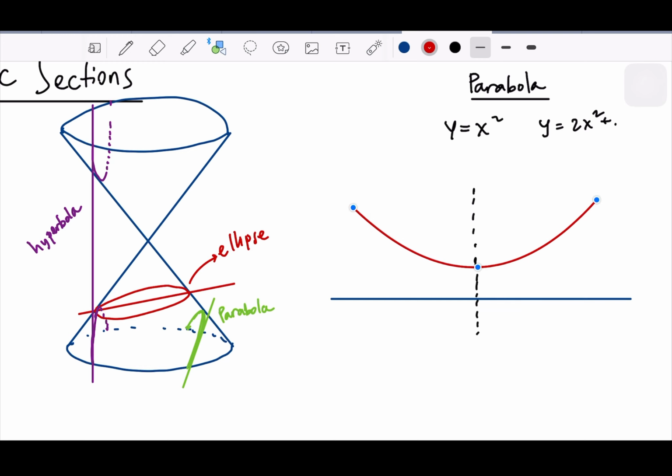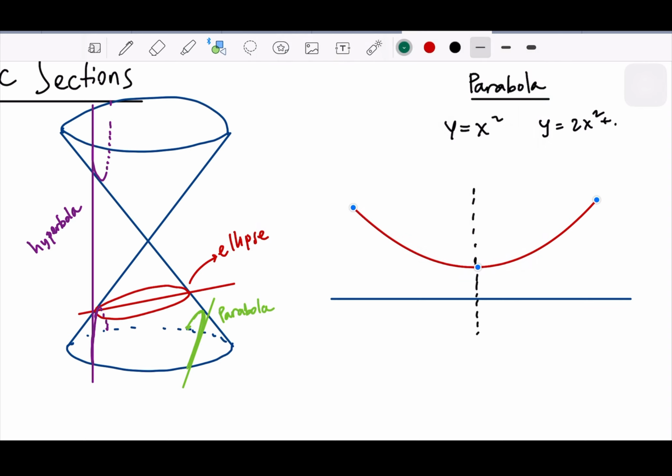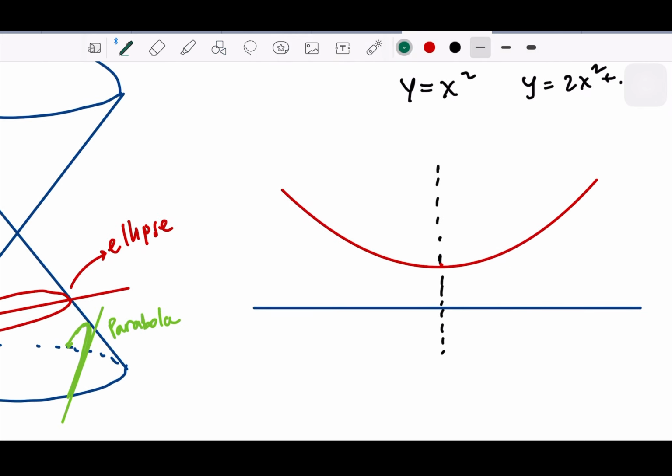Okay, well, let's set some points. I will set a point here, which is called F. And I will have a line, the blue line on the bottom. I will call this blue line the directrix. Okay.